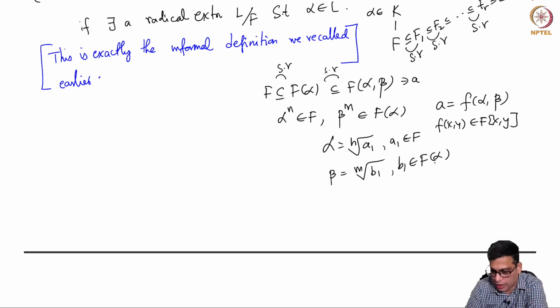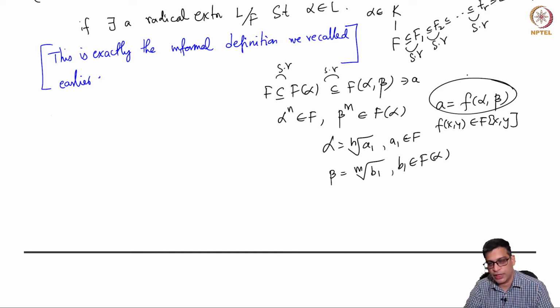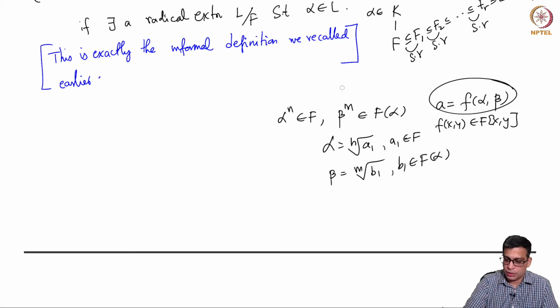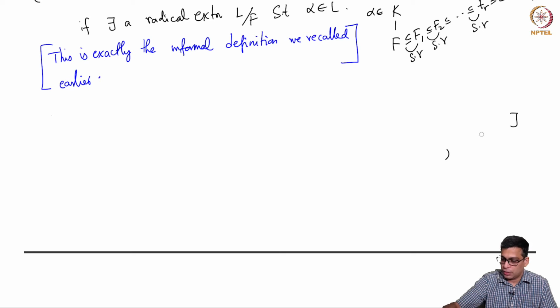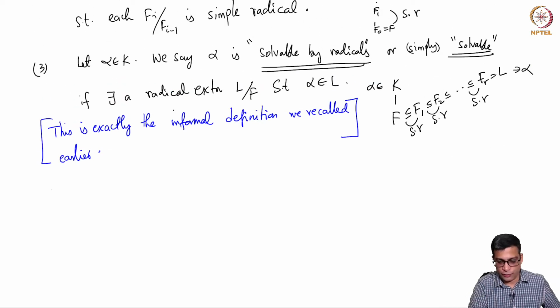Now you can further write b1 as a polynomial in alpha with coefficients in F, and alpha is already an nth root, so ultimately anything can be expressed starting with elements of F and using only radicals. I am sorry, I did not explain this in detail, but this is the crucial definition that formalizes our earlier informal definition.